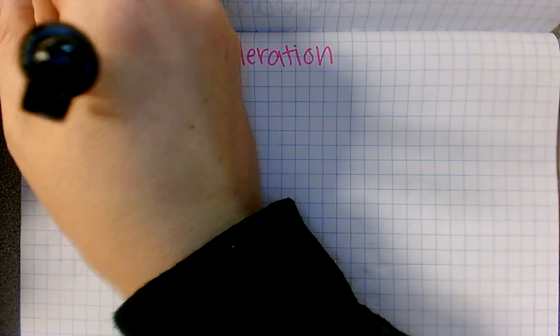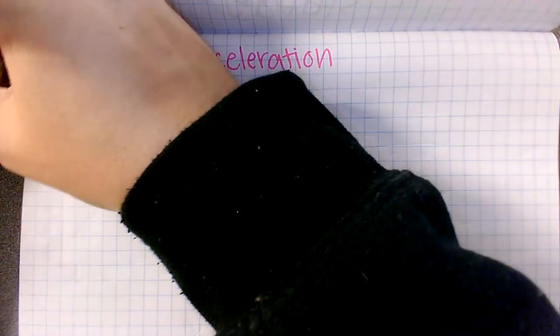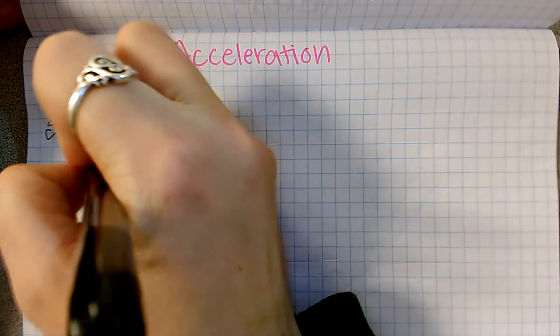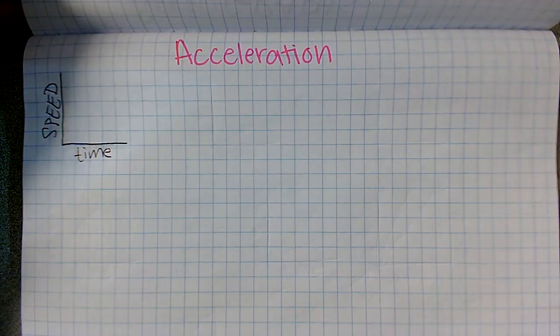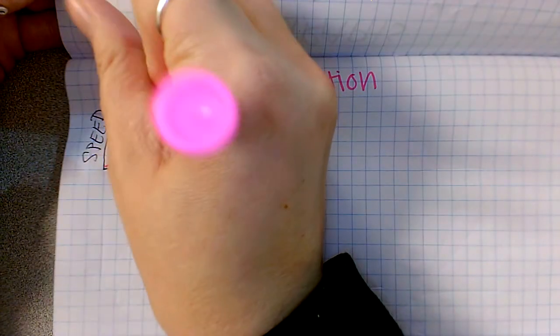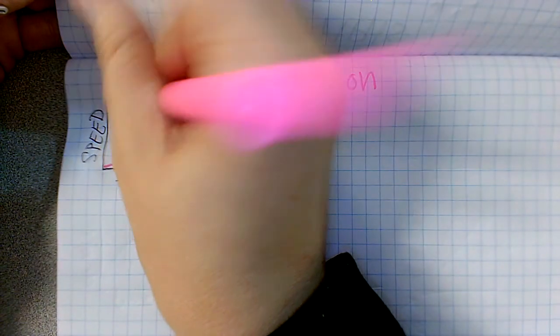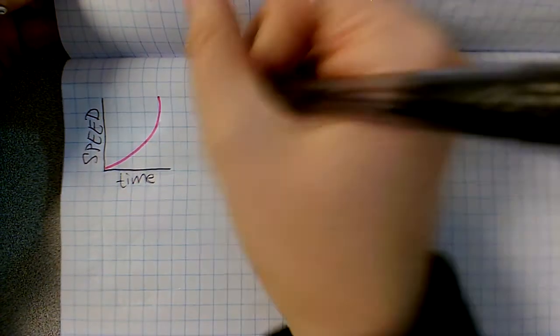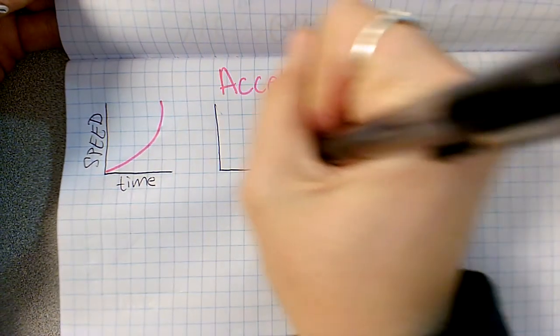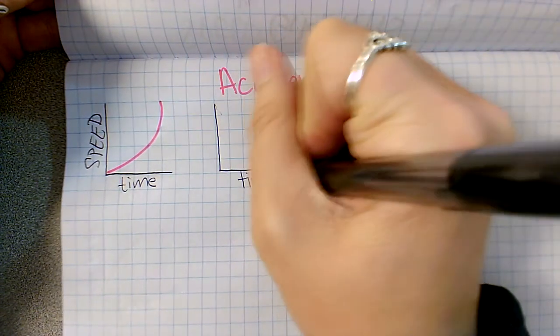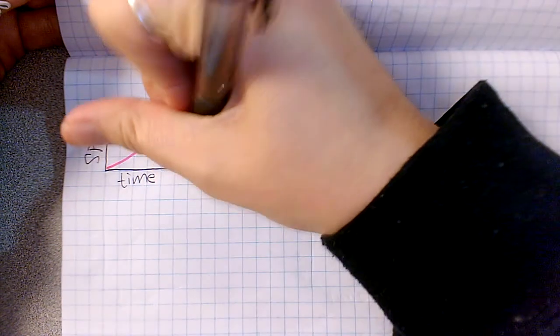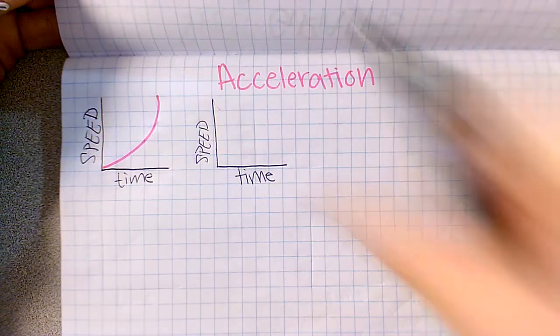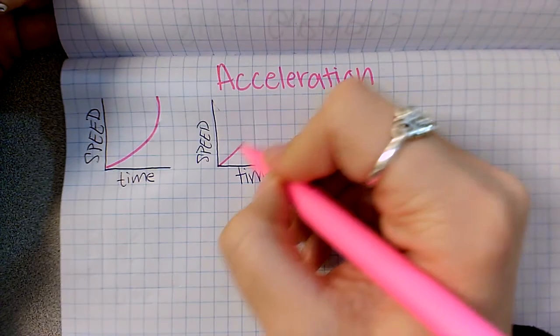Okay, so what acceleration shows, it's speed over time. If you notice, they're all over time, but these are speed over time graphs. Okay, so this one goes up like this, and hang on, they both of these.